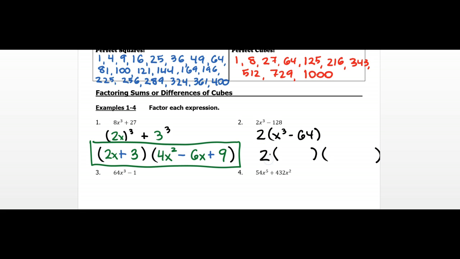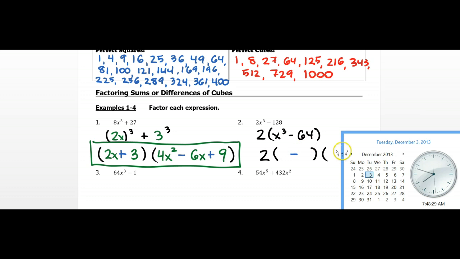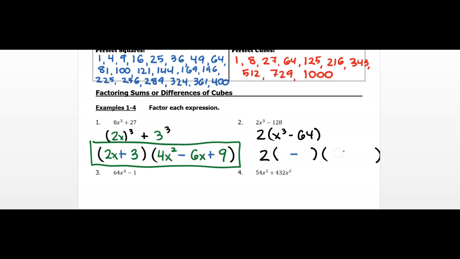So I'm going to bring my 2 down, my GCF. Then I'm going to do my signs. The first sign is the same, so we'll put a minus sign here. The next sign is opposite, so a plus sign. And then the last sign is always positive, so another plus sign. The cube root of x cubed would just be x. The cube root of 64 is 4. So we have an x minus 4.